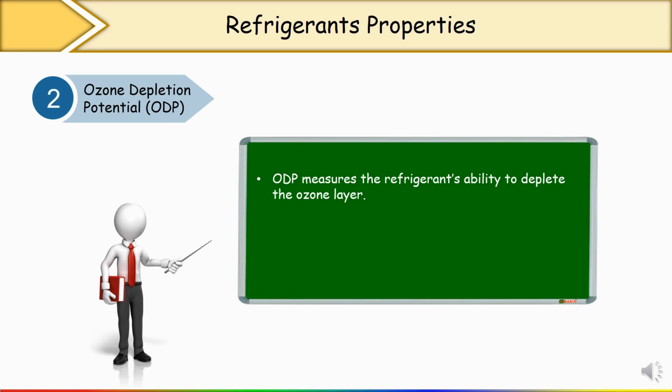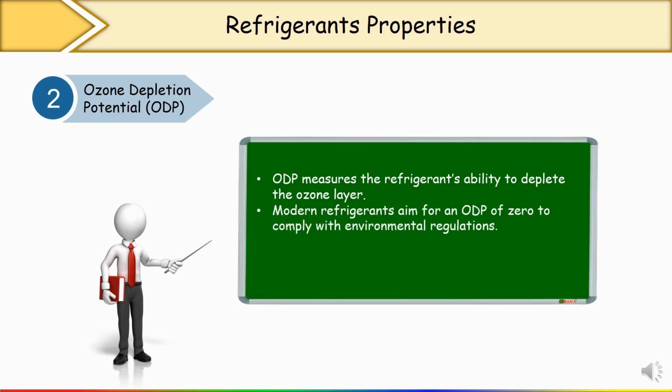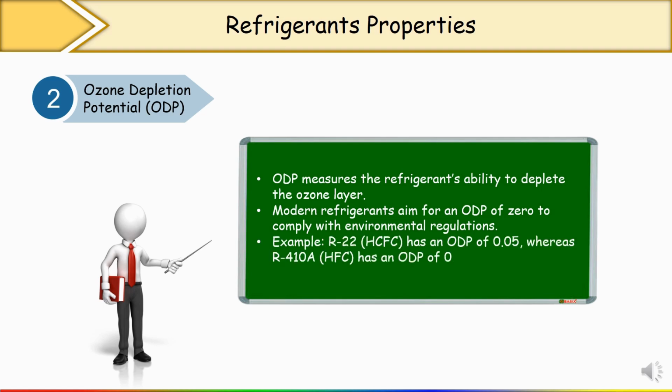Modern refrigerants are designed to have zero ODP to prevent further ozone layer depletion. Remember this point: modern refrigerants aim for an ODP of 0 to comply with environmental regulations. Example, R22 has an ODP of 0.05, whereas R410A has an ODP of 0.